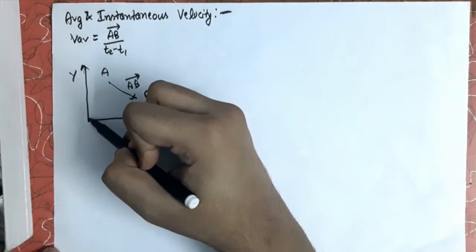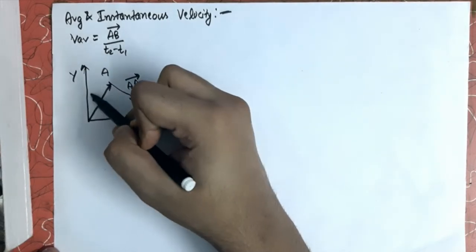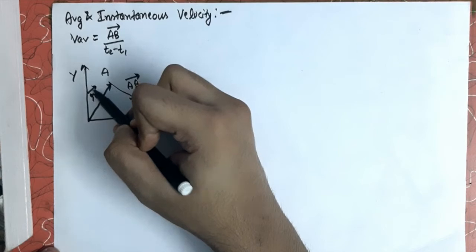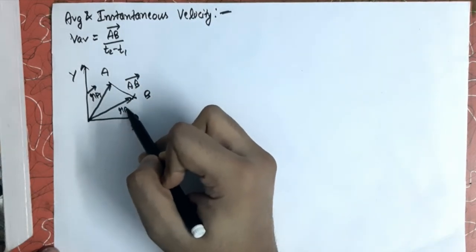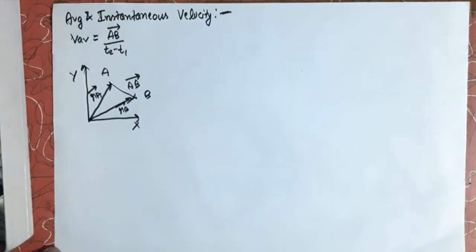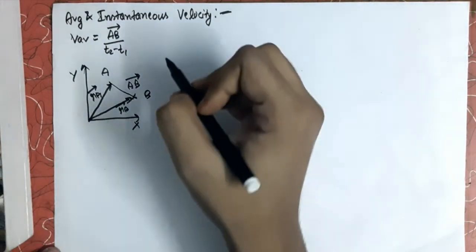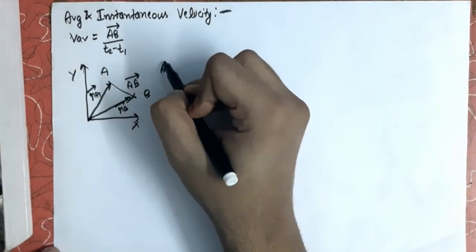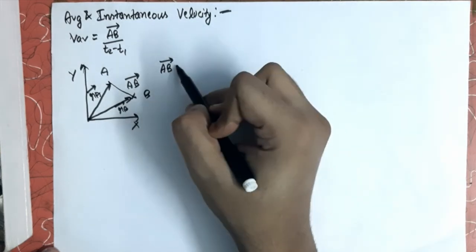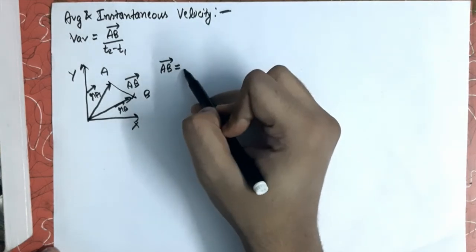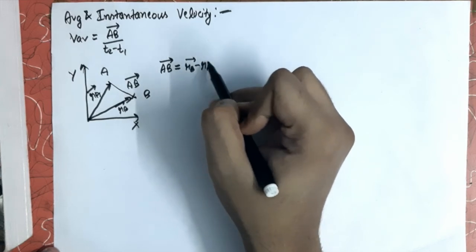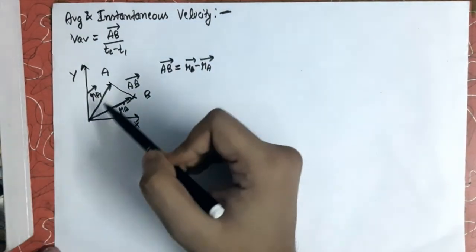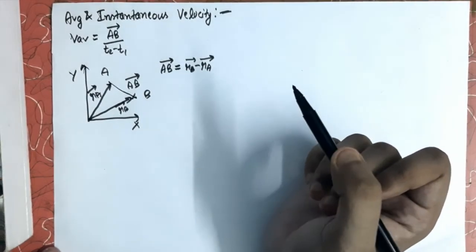This is the position vector, suppose RA of A, and this is the position vector of B, RB. Now what is the AB vector? From the law of vector addition, we can say that the AB vector is nothing but the RB vector minus the RA vector. From this diagram, we can say that.